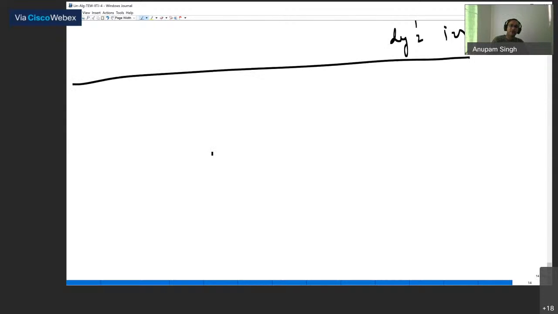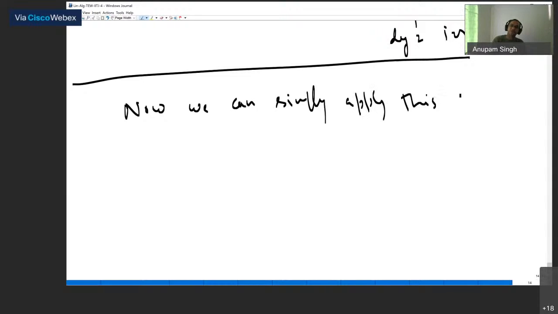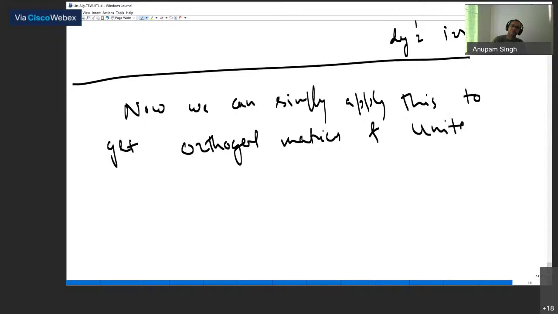And now you can apply this to get the structure. Now we can simply apply this theorem like this to get orthogonal matrices and unitary matrices up to conjugacy.